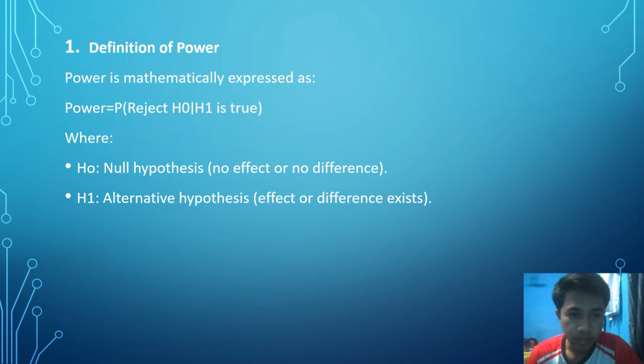Power is mathematically expressed as power equals P(reject null | alternative is true), where the null hypothesis means no effect or no differences, while the alternative hypothesis means an effect or difference exists.